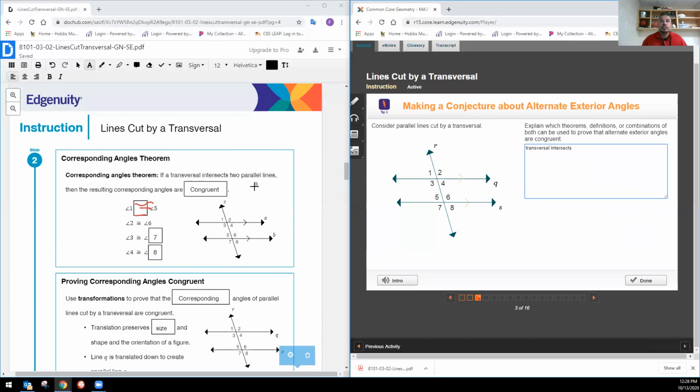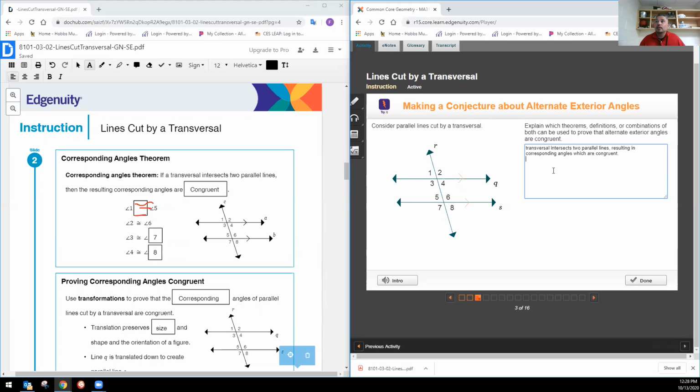If a transversal intersects two parallel lines, then the resulting corresponding angles are congruent.